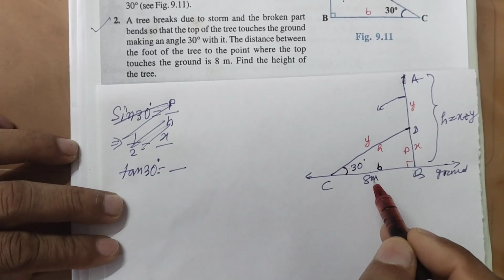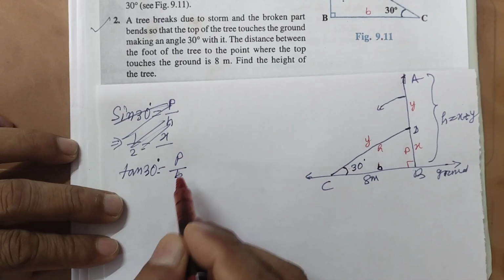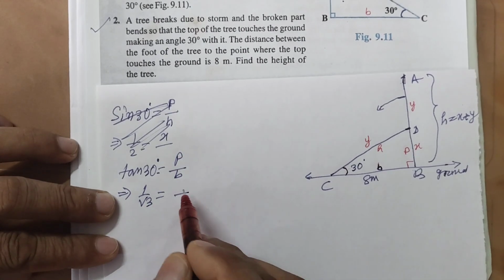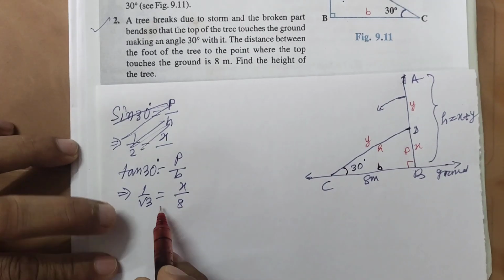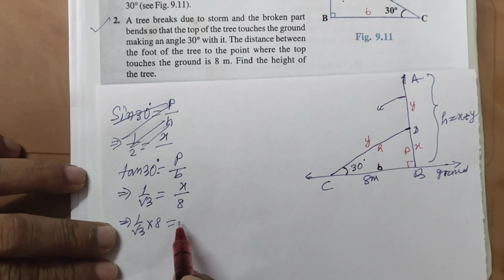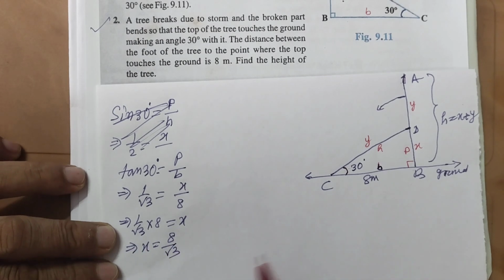Whatever I take, I have to take this value 8. So perpendicular and base, P by B. Tan 30 is 1 by root 3 from the table. Perpendicular is X, base is 8. So I can get X from here. 1 by root 3 into 8 is equal to X. So X is equal to 8 by root 3. I got the value of X.